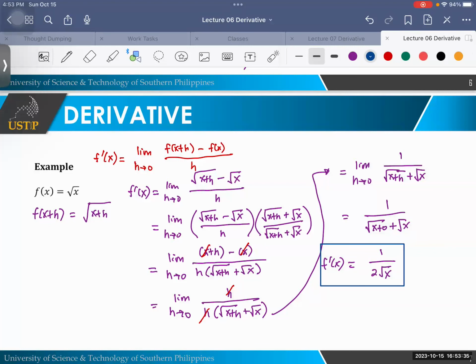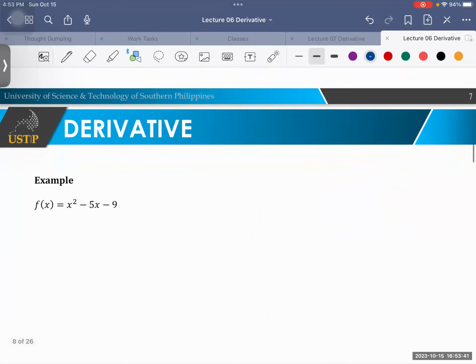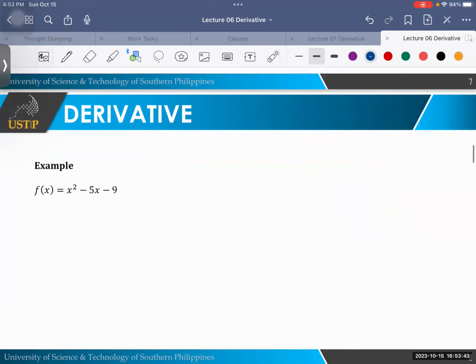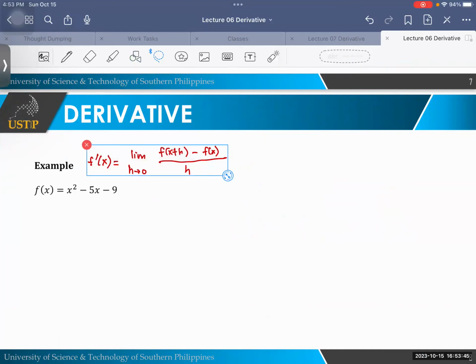Okay, we're down to our last example. Let's have this function: x squared minus 5x minus 9. Same process again, repeated so that it gets embedded. You'll get f of x plus h.